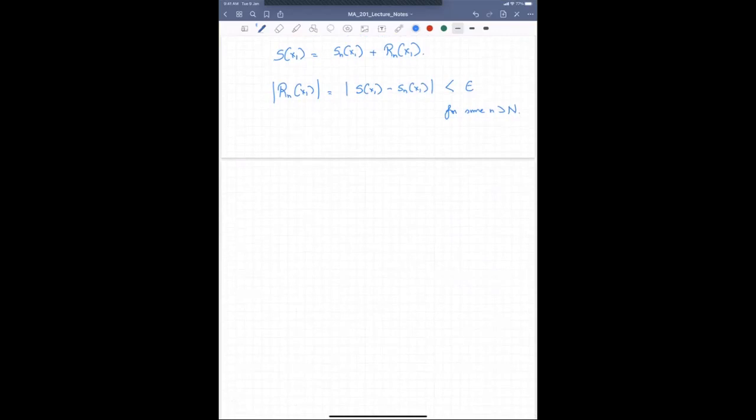So it means that all the Sn beyond n equals capital N lie at most between S of x1 minus epsilon and S of x1 plus epsilon. So this is what convergence technically means.